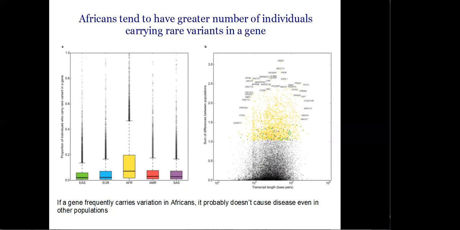There are population differences between these counts. However, for most applications, I would recommend you just use the entire data set, because if a gene contains rare variation in Africans, it still probably doesn't cause rare Mendelian disease.